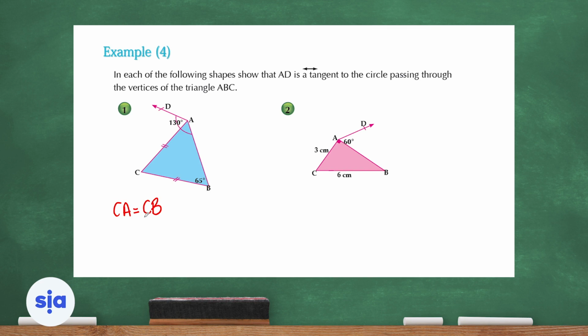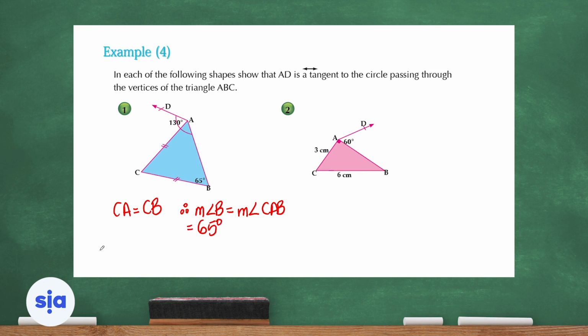This is given. Therefore, the measure of angle B equals the measure of angle CAB, which is equal to how many degrees? Yes, 65 degrees.